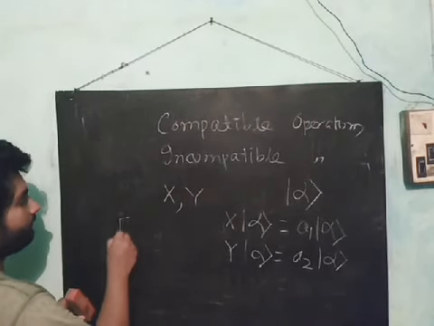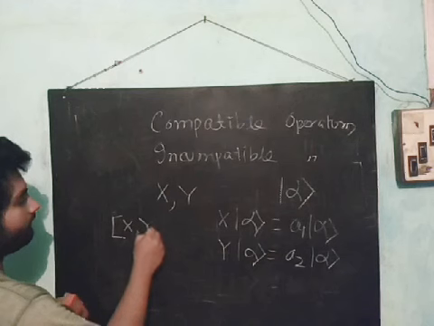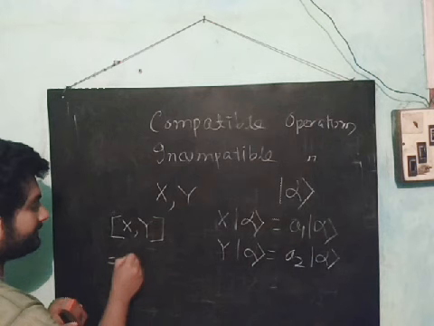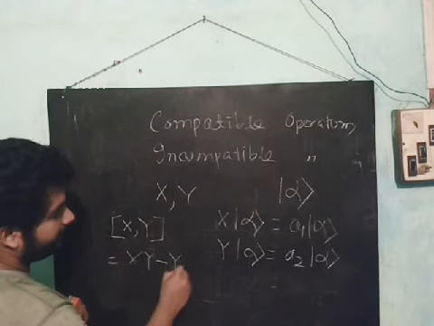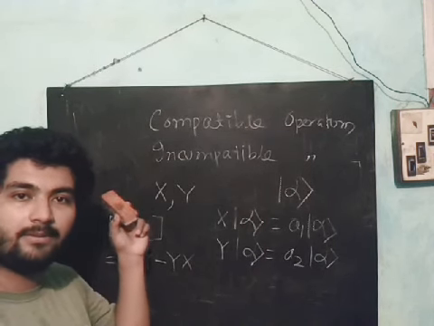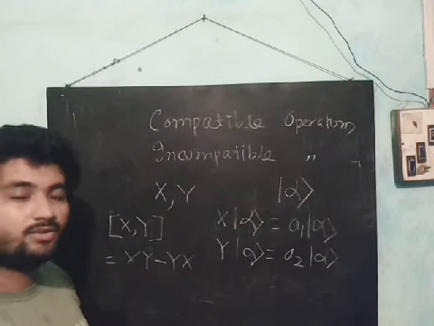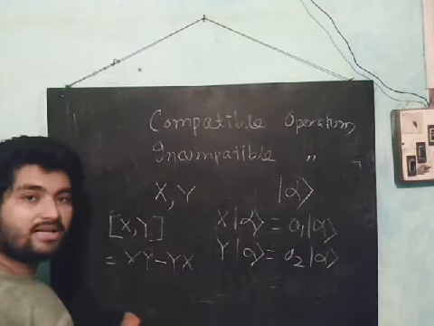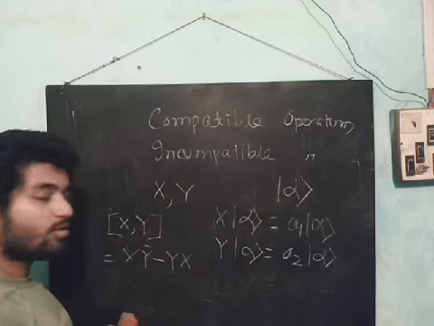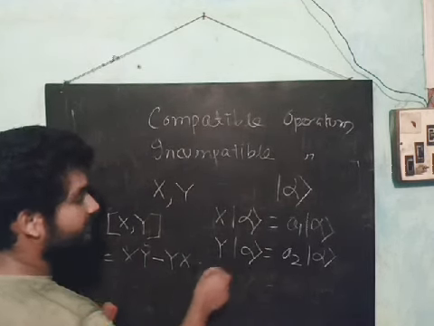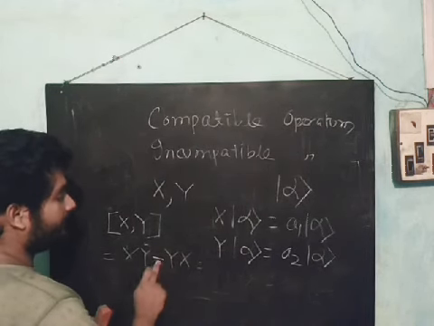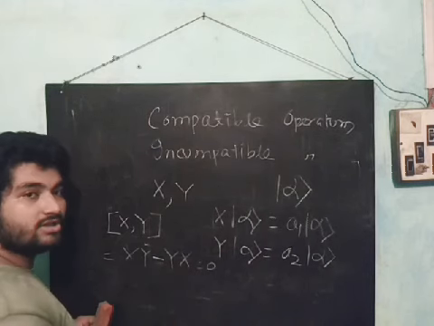Now if I try to find this, what is the definition of this? This is XY minus YX. Now, in the first video of mathematical formulation of operators, I told that in general the operators X and Y do not commute. So if they commute, this will result in 0, right? XY minus YX will give me 0.